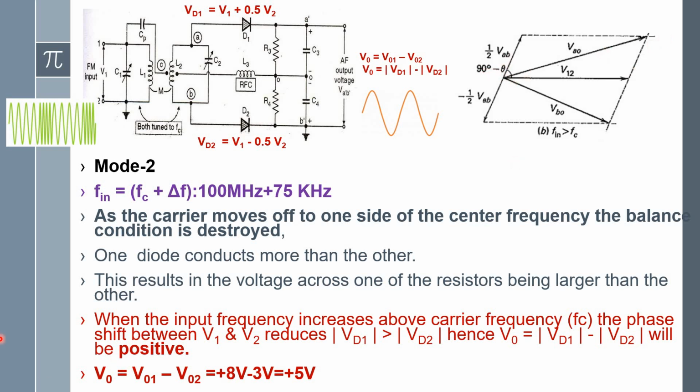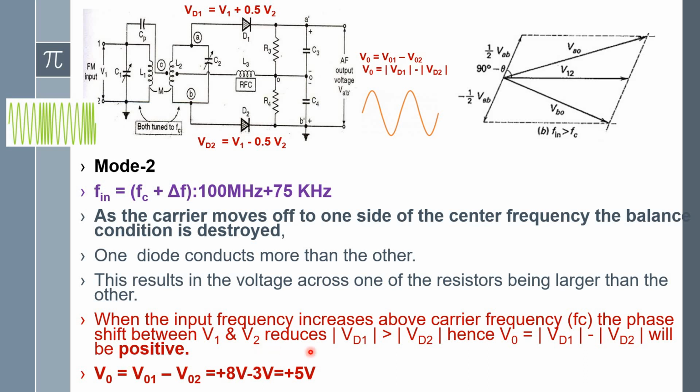The resultant potential, you can see, a very important point: the length of the vector decides the potential across the diode. You can see here the length of the vector of VA0 is higher than the length of the vector of VB0. So I can conclude VA0 is higher voltage compared with VB0, then the potential across D1 is more compared with diode D2, and the net output voltage is positive.